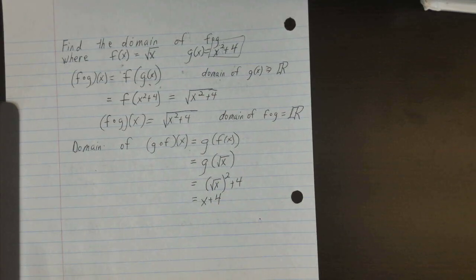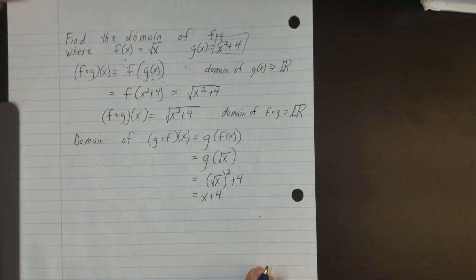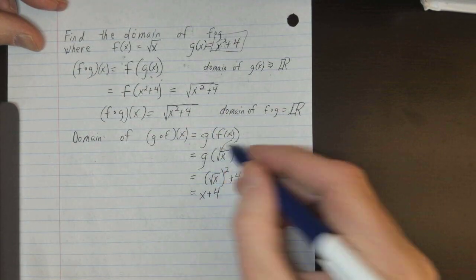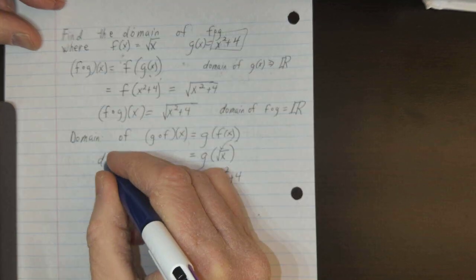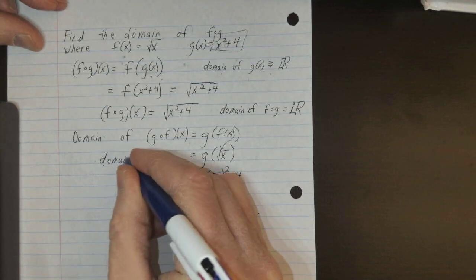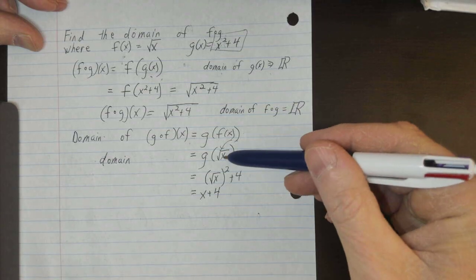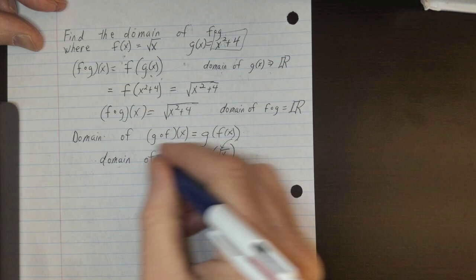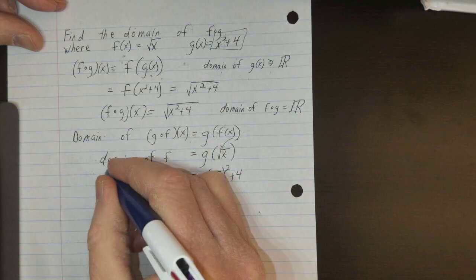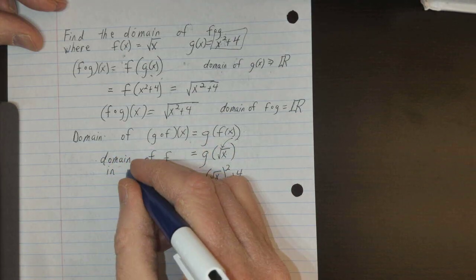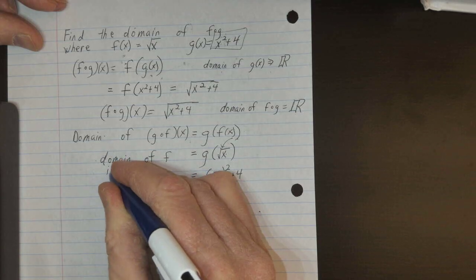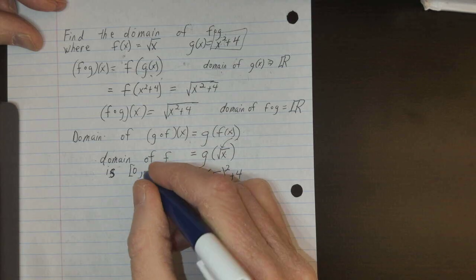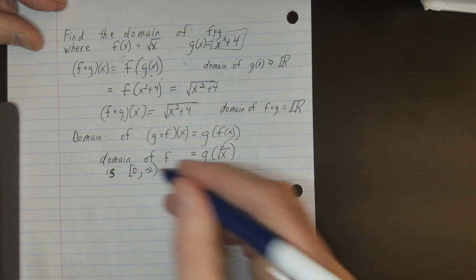G circle f. Now you might think you can put any number in, but right here, the domain of f, which is your input into g, the domain of f is, let's see, we can put 0 in, right? 0 to infinity.